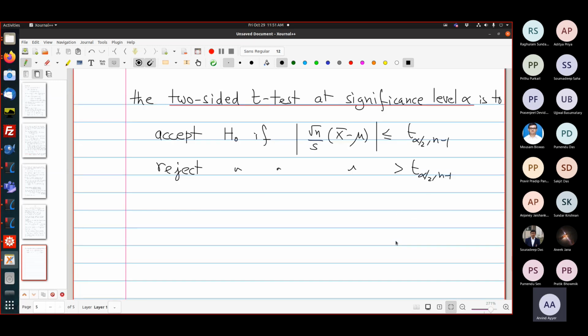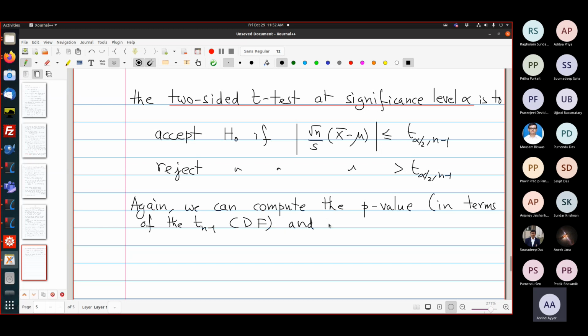So again, we can compute the p-value, not in terms of the normal distribution CDF, but in terms of the T n minus 1 CDF, not the normal CDF, right?